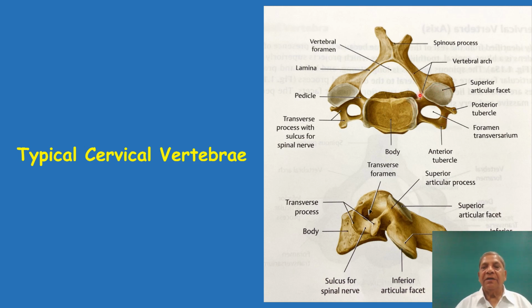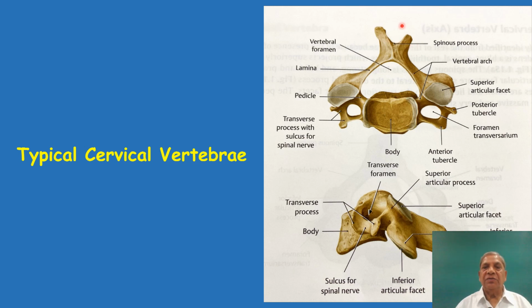And then, at the junction of pedicle and lamina, the processes coming out here are two superior articular processes on the right side and two inferior articular processes, and from where the two laminae meet in the midline, the process which comes out posteriorly is called the spinous process.